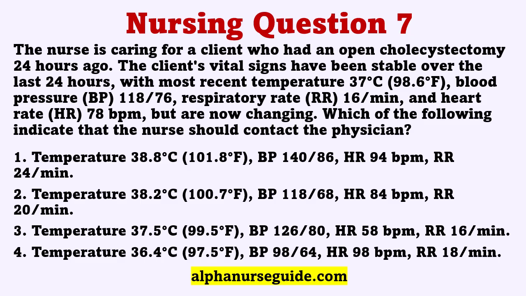The fourth indicator is an abnormal white blood cell count, greater than 12,000, less than 4,000, or greater than 10% bands. At least 2 of these variables are required to define systemic inflammatory response syndrome.